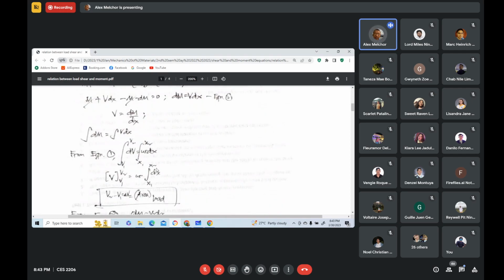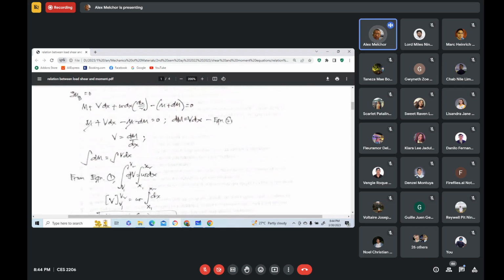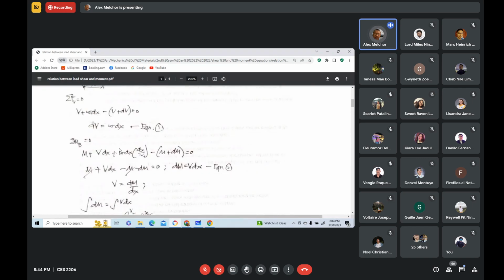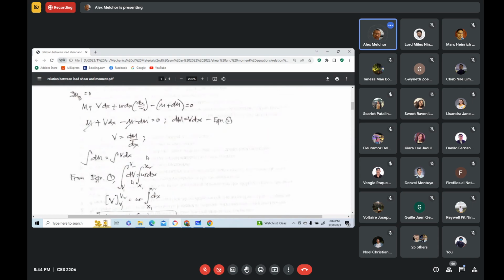We can rearrange this in this manner, dV equals w dx, and integrating, from this equation here, can you see? If we are going to integrate this, we have this one, from V sub 1 to V sub 2.